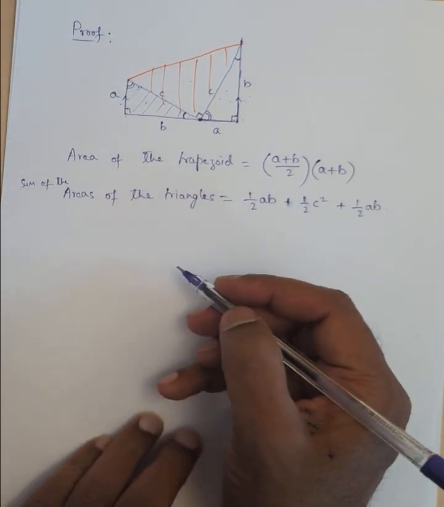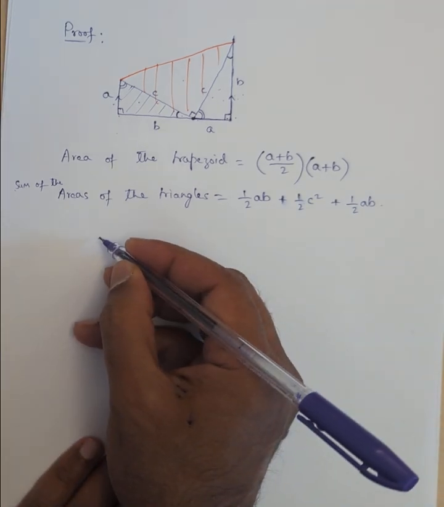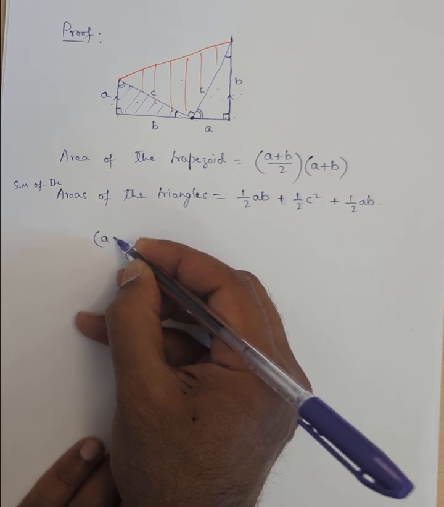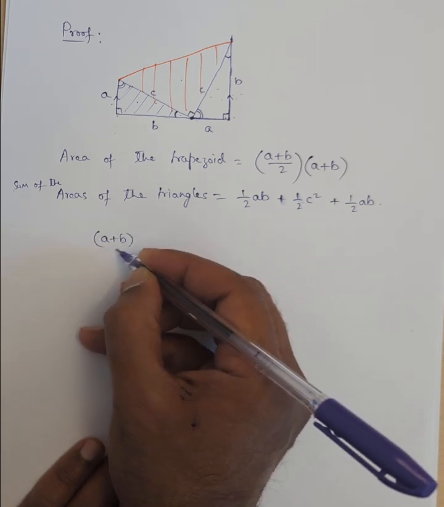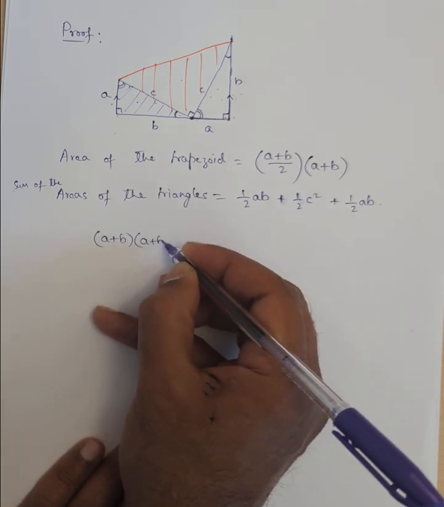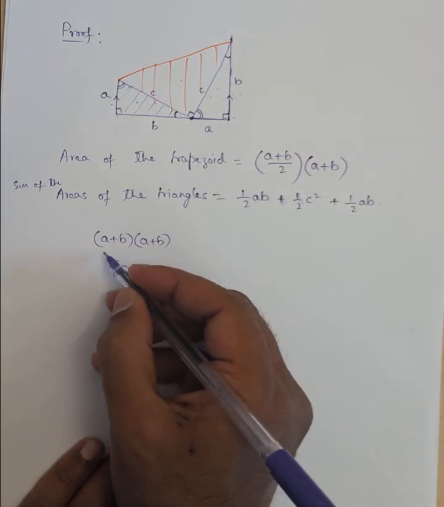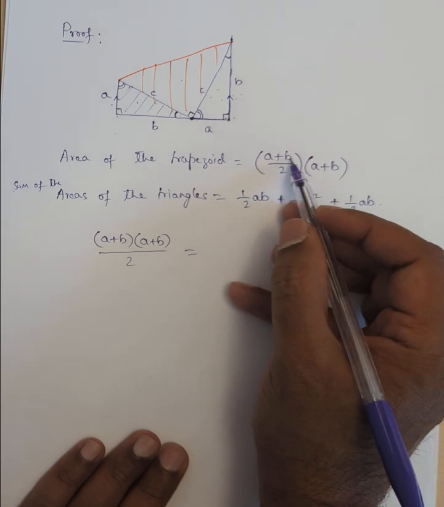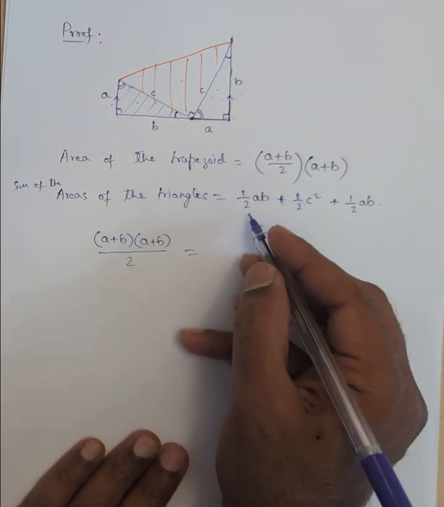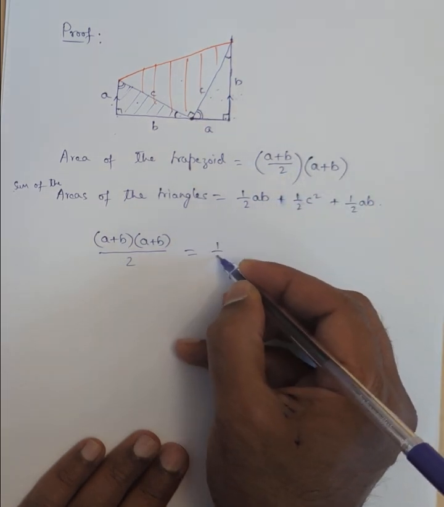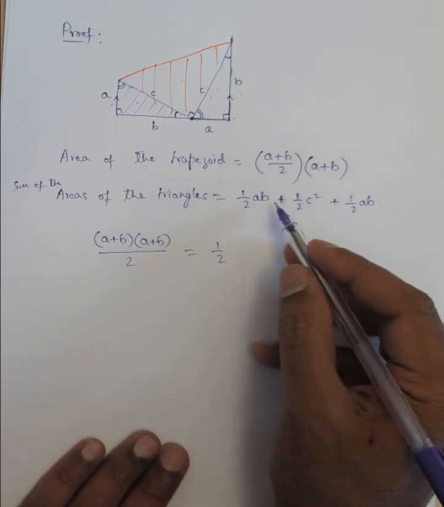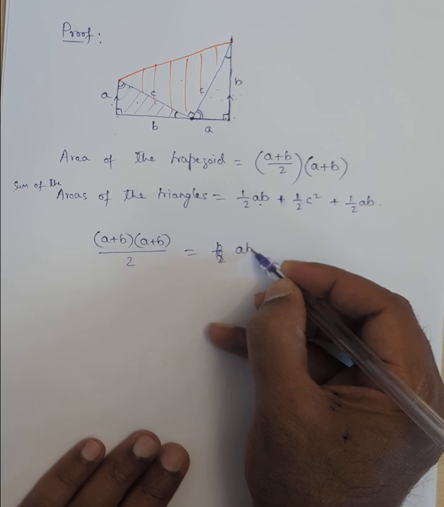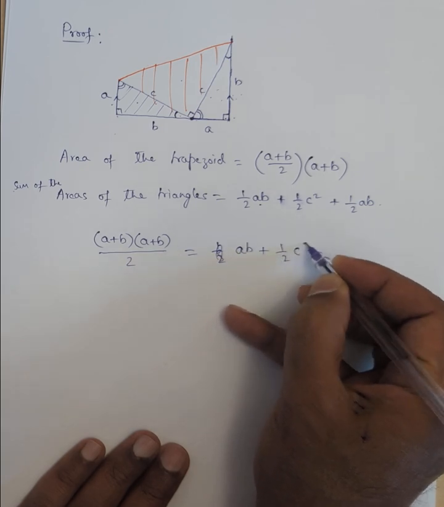So if I were to add up, these two areas are the same, so I could equate. This is A plus B times A plus B over 2, and this is, let's simplify, 1/2 AB plus 1/2 AB is just AB, plus 1/2 C square.